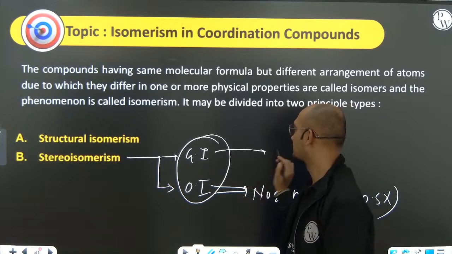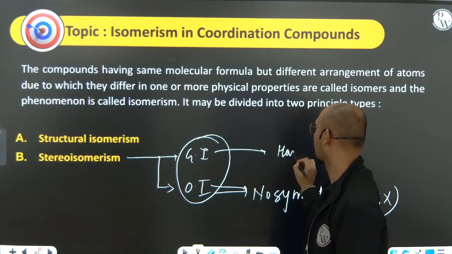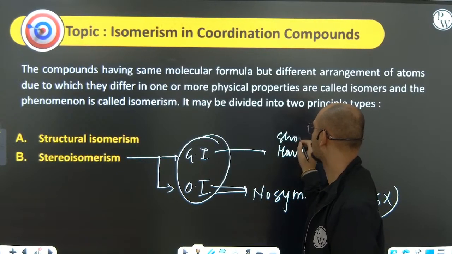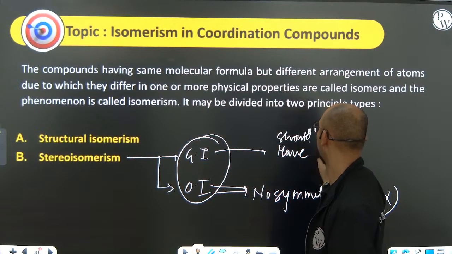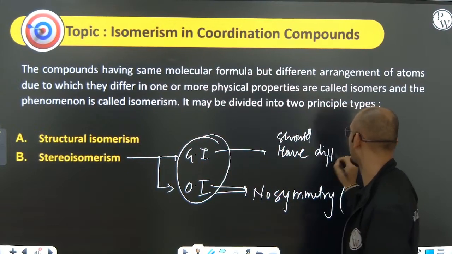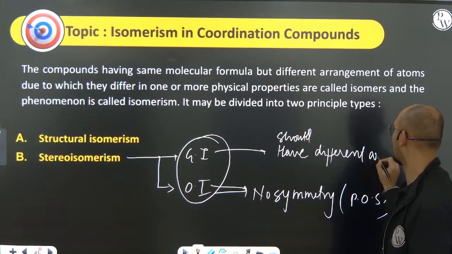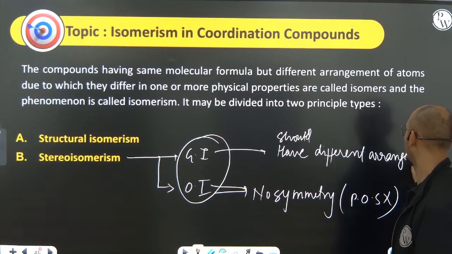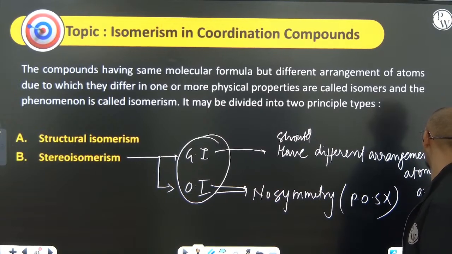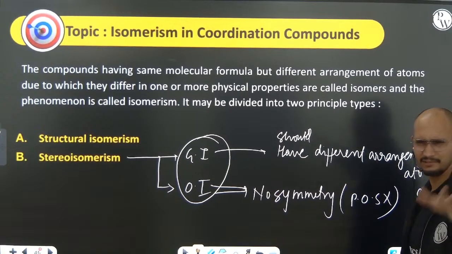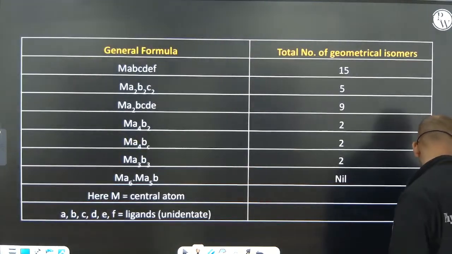What about GI? GI should have different arrangements of atoms or ligands around the central metal atom. Not a big deal, an easy one, right? Let's move ahead.